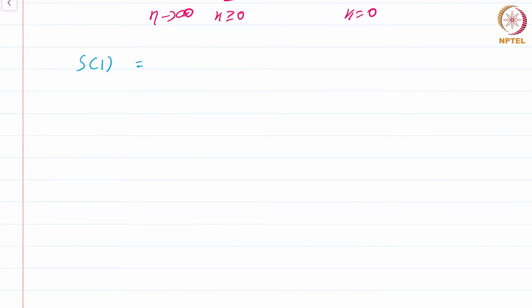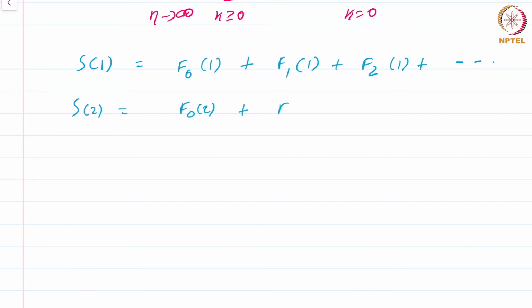S1 will be nothing but f01 plus f11 plus f21 plus dot dot dot. Similarly, S2 would be just f02 plus f12 plus f22 plus dot dot dot. And similarly you have S3, S4 and so on. You have these infinite sums.